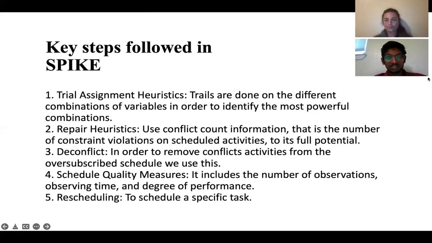And in deconflict, in order to remove these conflicting activities from the oversubscribed schedule, we use deconflict. And schedule quality measures include the number of observations, observing time, and degree of performance. And the fifth factor, rescheduling, is basically used to reschedule the tasks that we are doing.